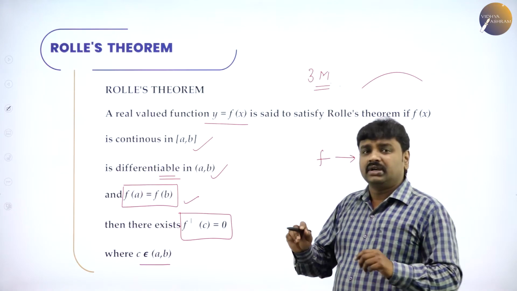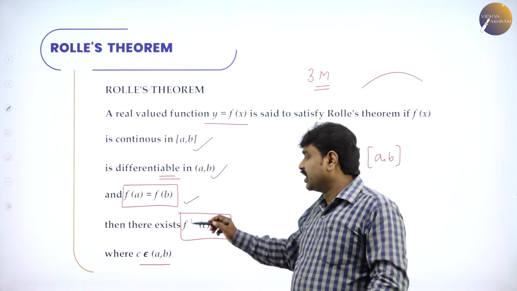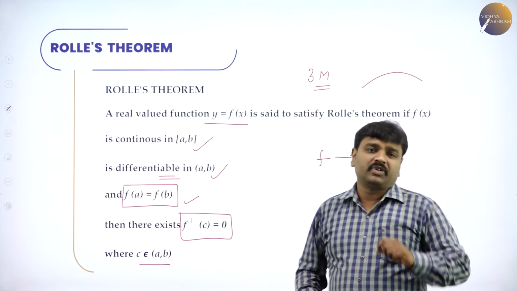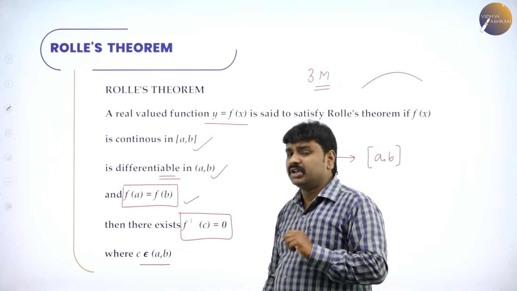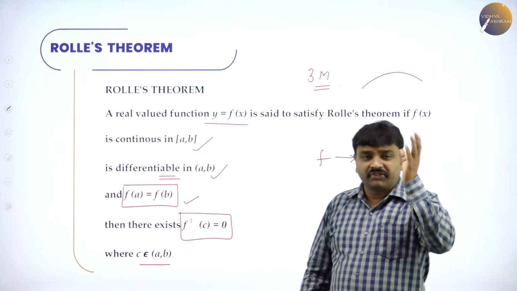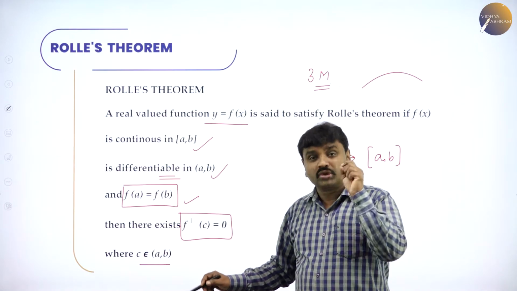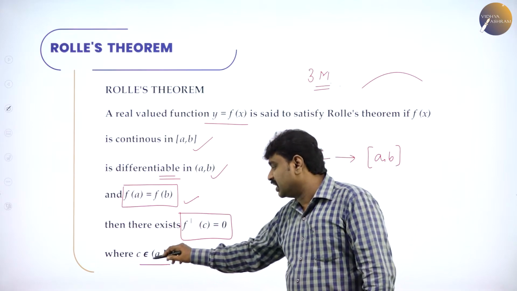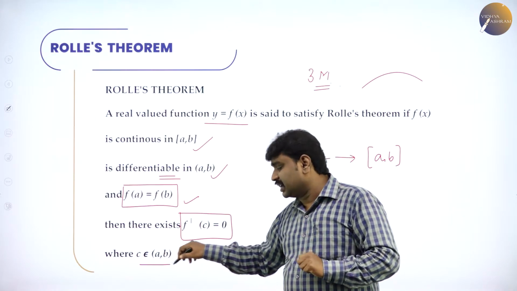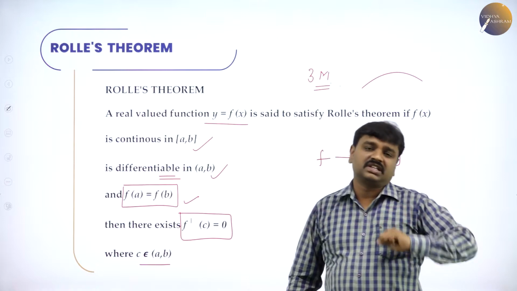And f of a and f of b should be exactly equal. Then find f dash x, then find f dash c, and when you equate f dash c to 0, you should get a c, and that c should be in the interval. If you don't get a c in the interval, then theorem is not satisfied.